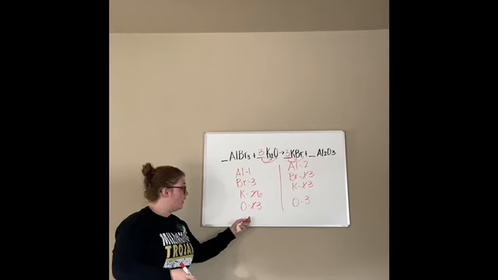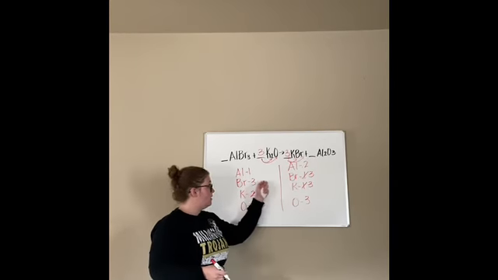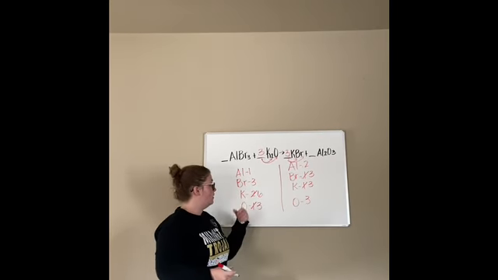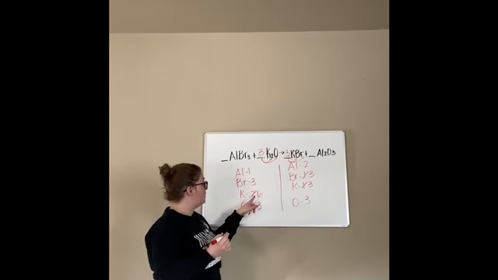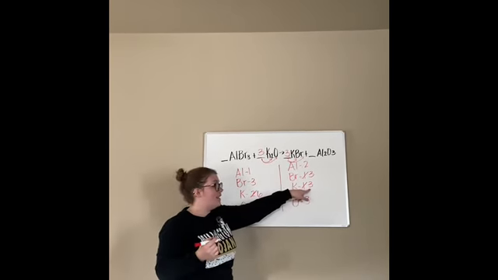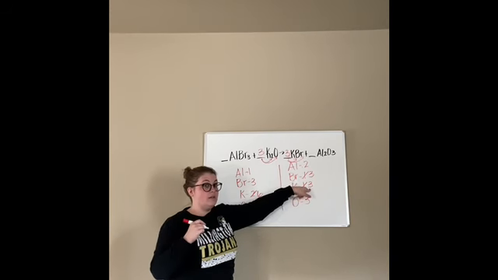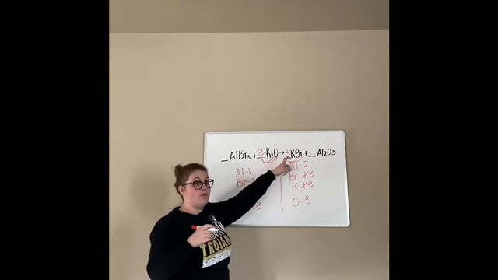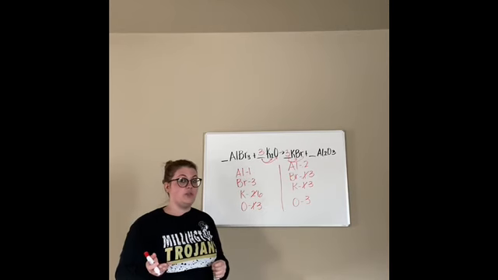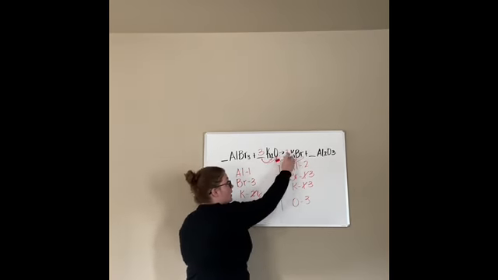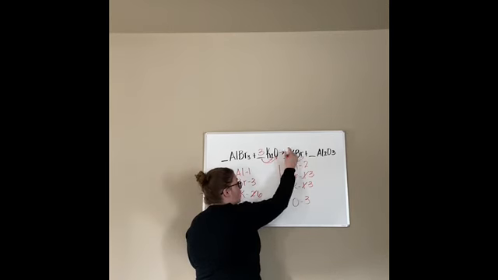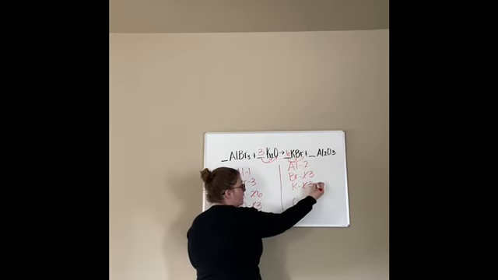So now if I look, my oxygens are balanced, my Brs are balanced, but now I have 6 Ks over here, and I need to have 6 Ks over here. So because I put 3 there before, it doesn't mean that I can't then change it when it's wrong, okay? Because I need to have 6 Ks. So I can just simply go back and make that a 6.